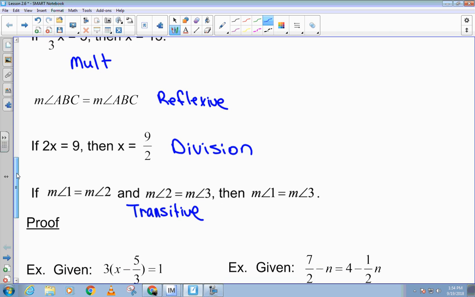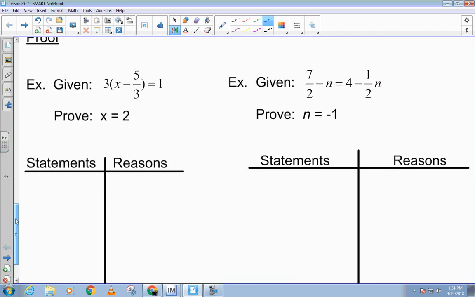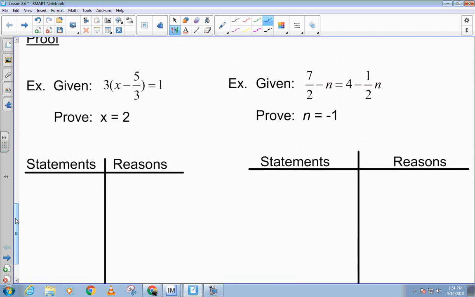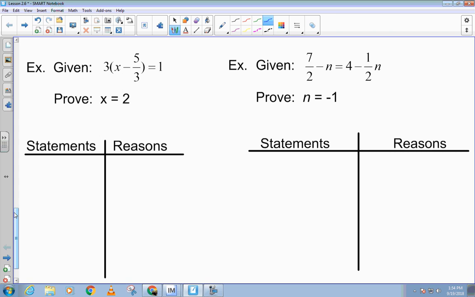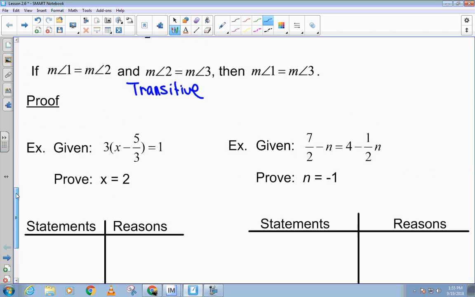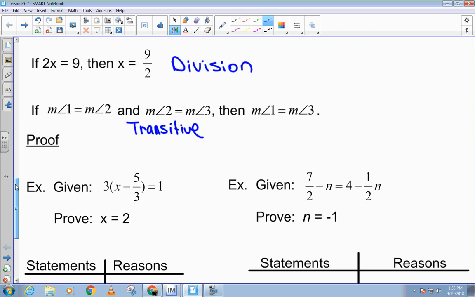Alright. So we're going to do a few of these algebraic proofs. When you do a proof, you have some information. The transitive has an order really to it usually. So like if angle 1 equals angle 2, and then you repeat, angle 2 is equal to the third thing, and angle 1 is equal to angle 3.